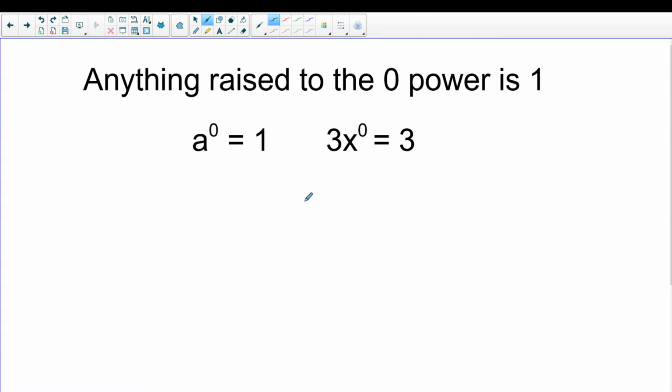So we're going to look at the 0 power. Anything raised to a 0 power is 1. So if I have a to the 0 power, that would just be 1. If I had 3 times x to the 0 power, the only thing that's being raised to the 0 power is the x. So this would be 3 times 1, which would just be 3.